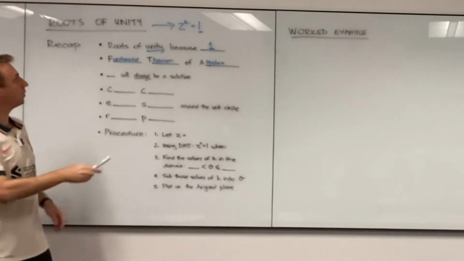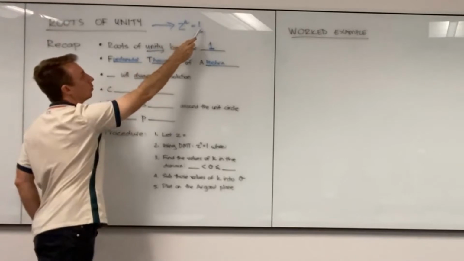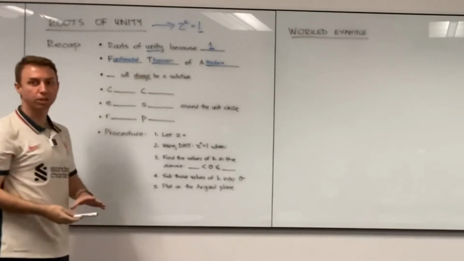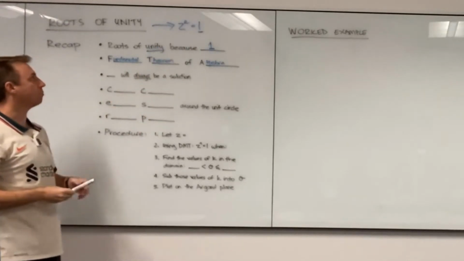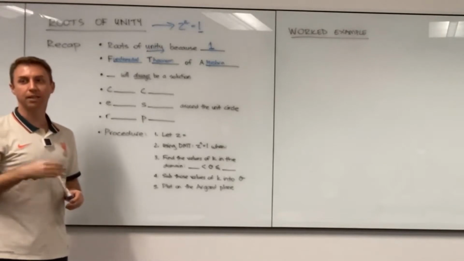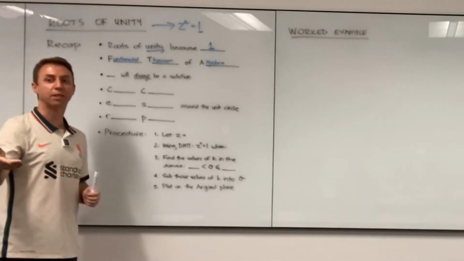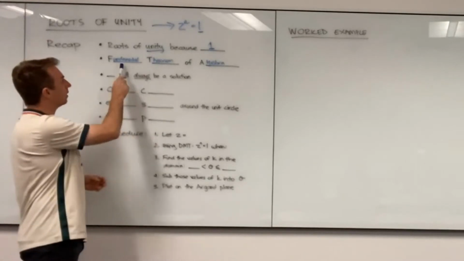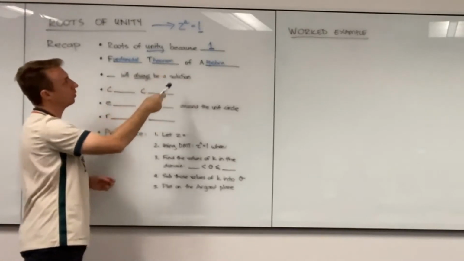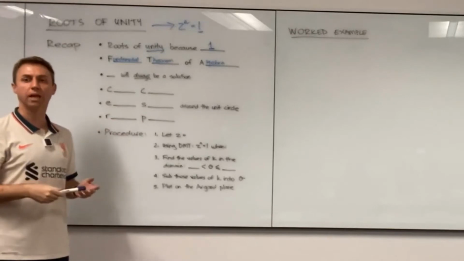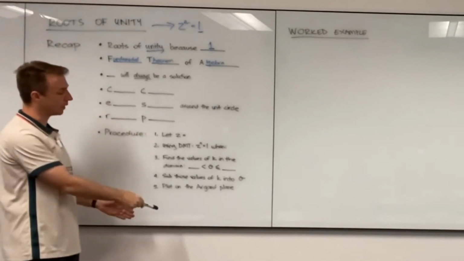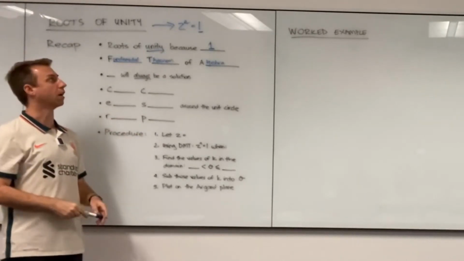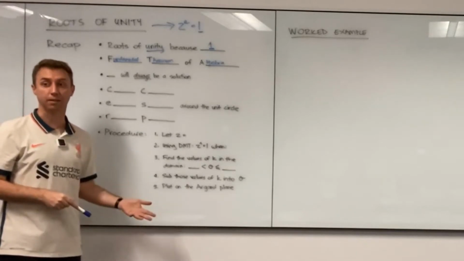So if we've got z to the power of n equals 1, and I pick a value of n, let's just say 8, z to the power of 8 equals 1 will have how many solutions? 8. Perfect. So this theorem helps us know what we're dealing with and acts as a check, so that when we work through our procedure we can say, I need to have 6 solutions. Did I get 6?